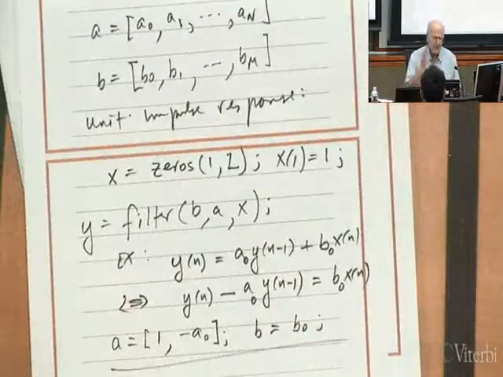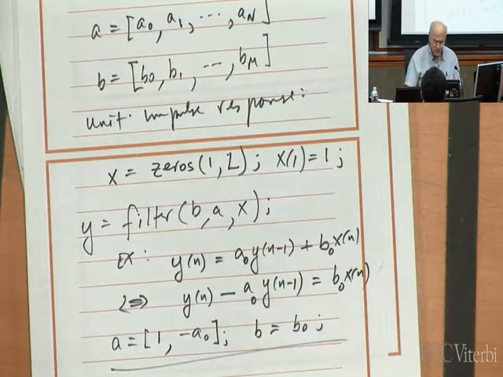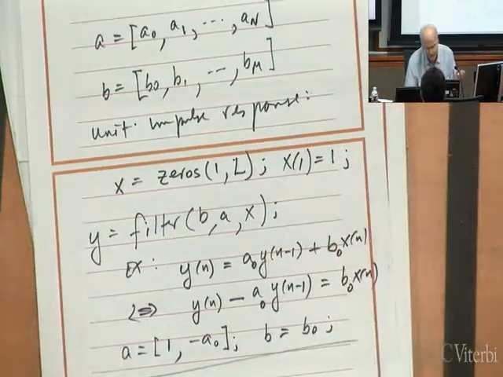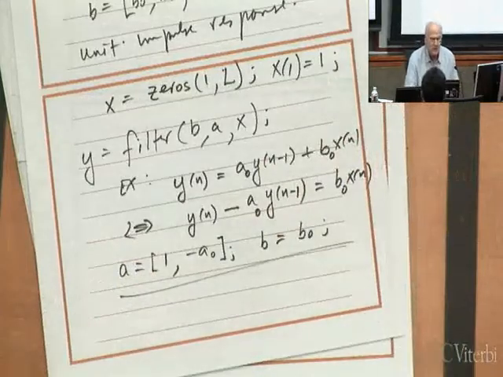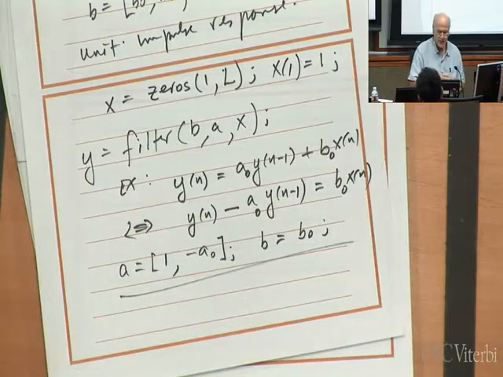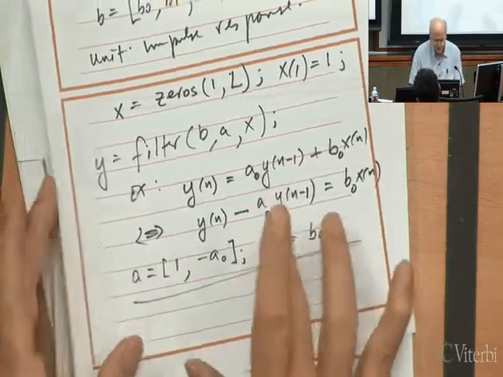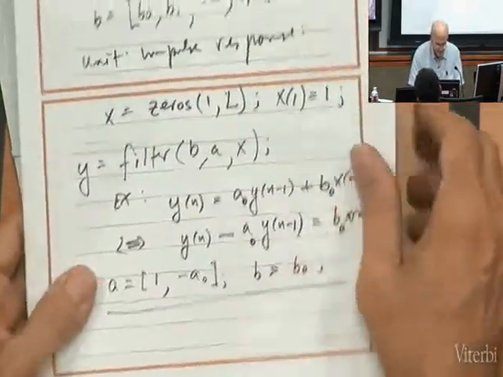The convolution function would work too, if you can define the impulse response and the input data vector. You do CONV of h comma x. That'll work too, but this is pretty useful. So just a note, you can give it a try.